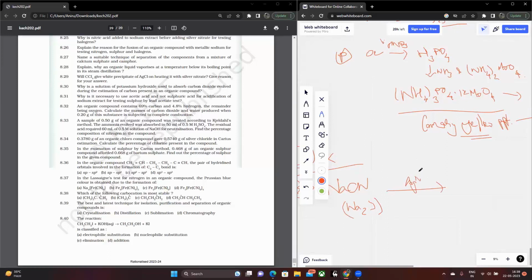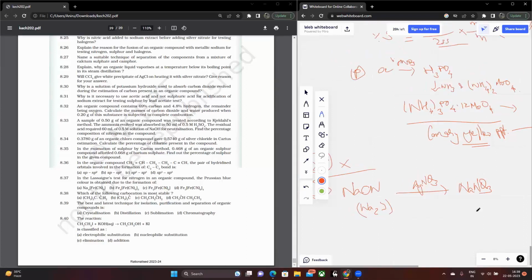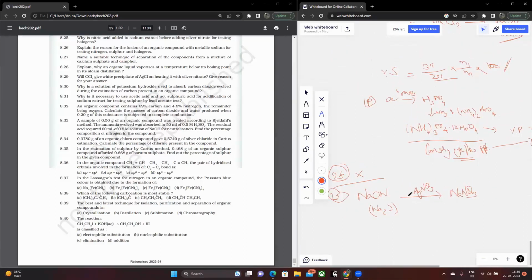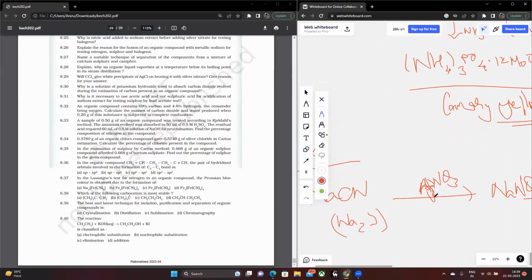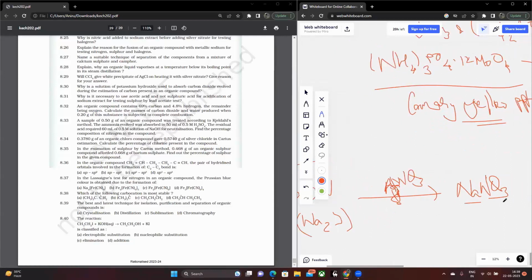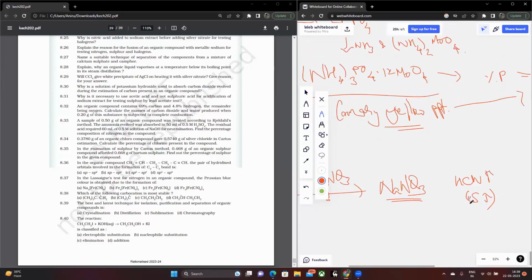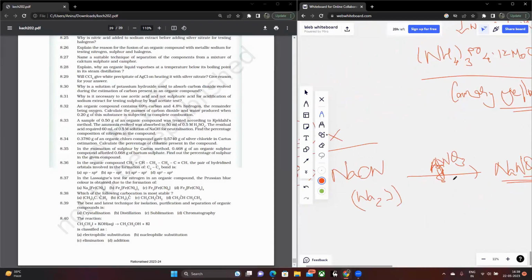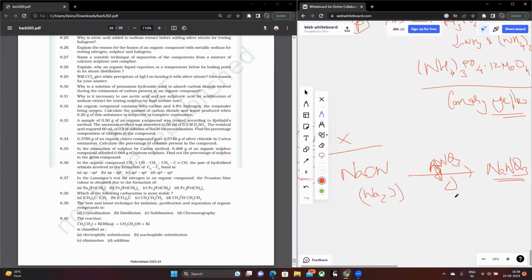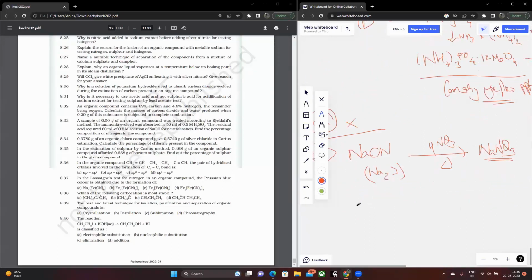It's boiled with HNO3 to give NaNO3, and HCN gas which evolves out, or hydrogen sulfide which evolves out, right? This is why it's basically boiled with HNO3 at the start, right?